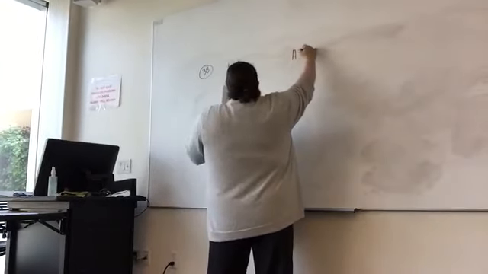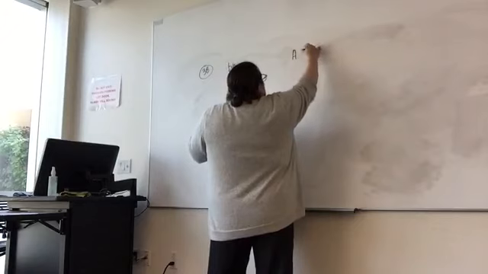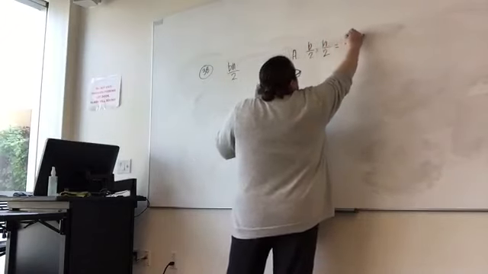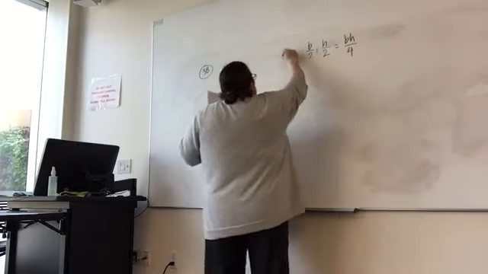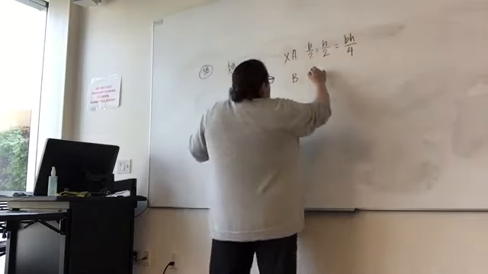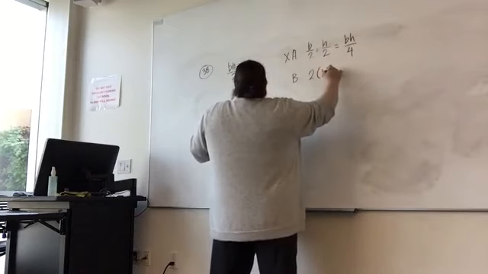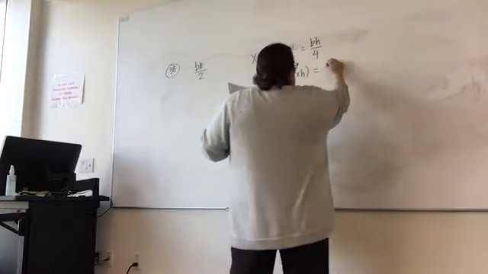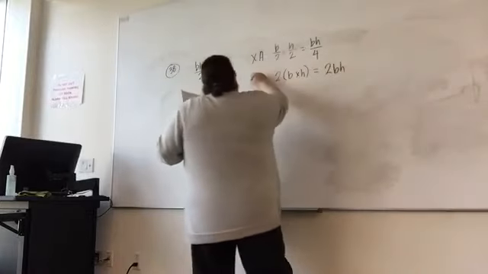A has B over 2 times H over 2, which would be the same thing as BH over 4. So that's not an option. Let's take a look at B. 2 times B times H, that's the same thing as 2BH. So that's not an option.